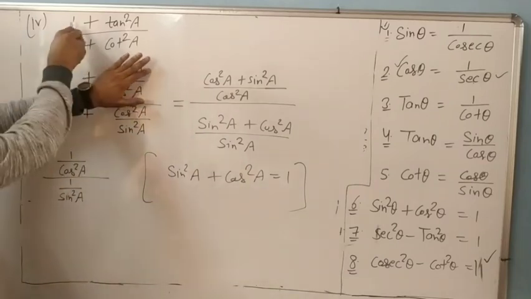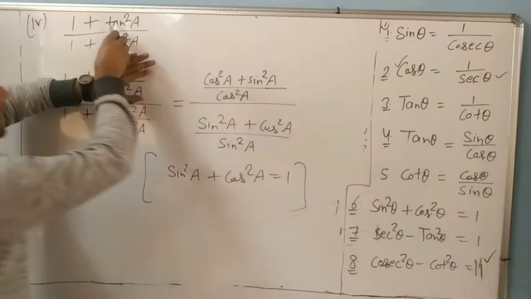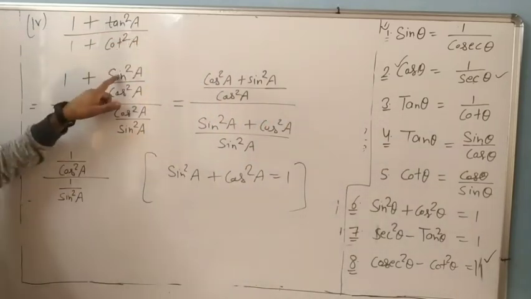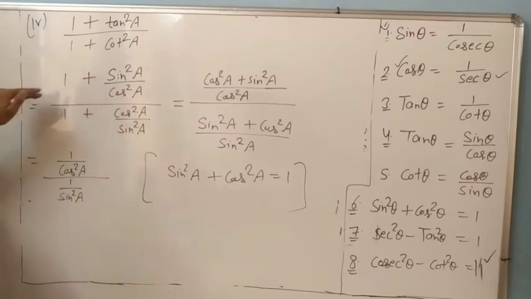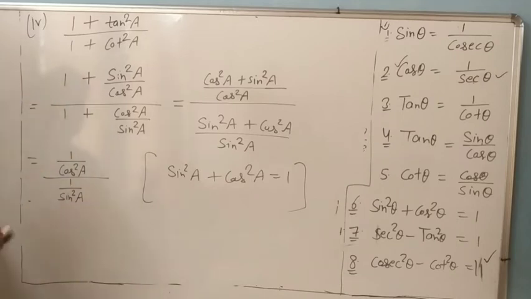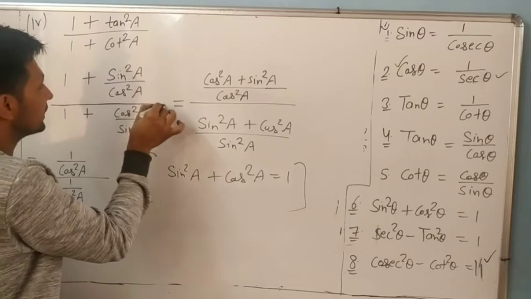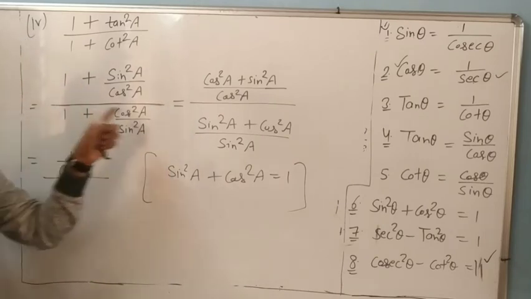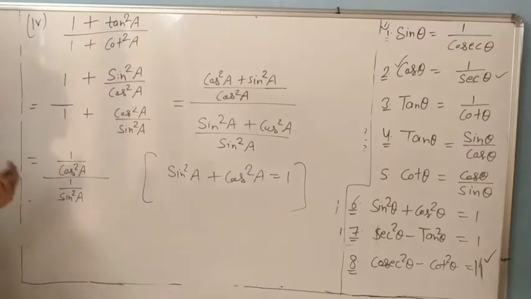So 1 plus tan is sine by cos, and here it is given square, so it is sine square A divided by cos square A. Same as here, 1 plus. And always use this sign, dear. Most students did not use it. It is the division sign. You have to use the long sign. Don't use it like this, one by one.